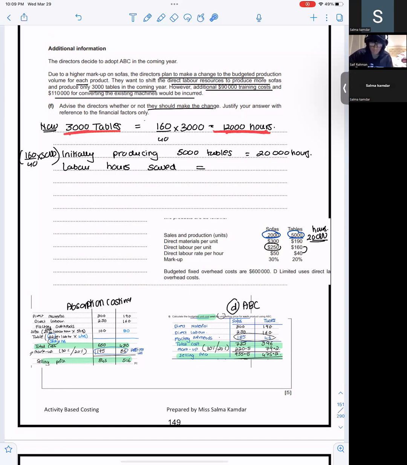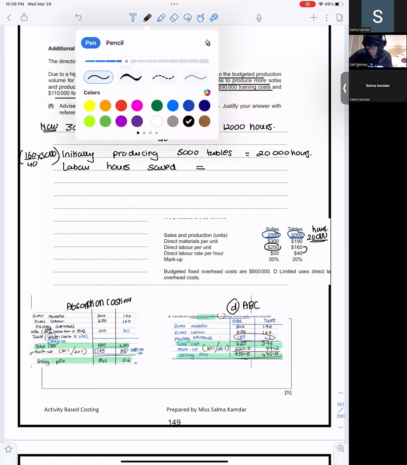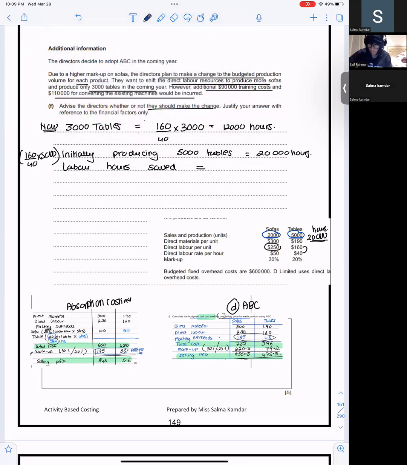So they are going to save labor hours: 20,000 minus 12,000, 8,000. So they're going to save 8,000 labor hours. This 8,000 labor hours will be used to make sofas.